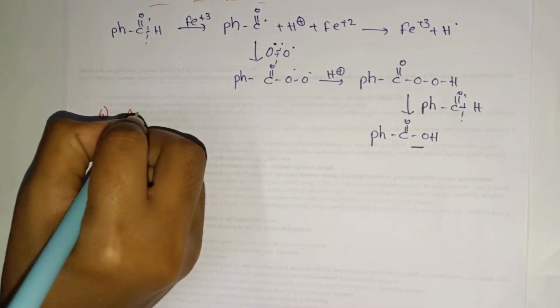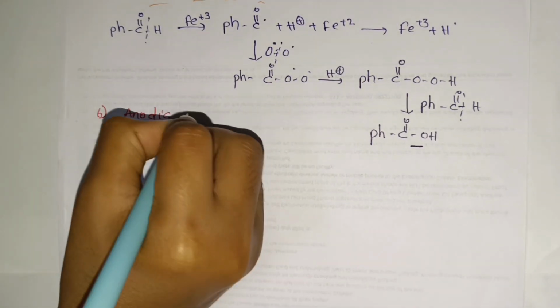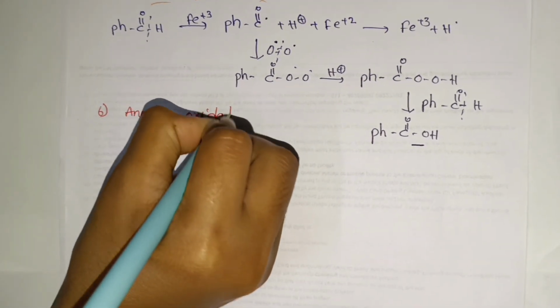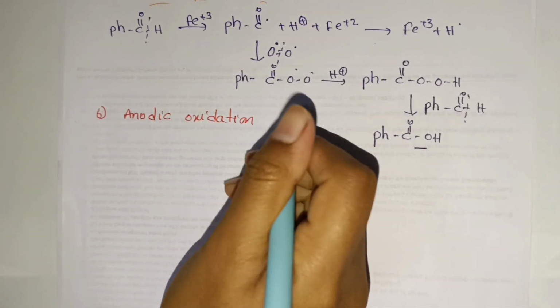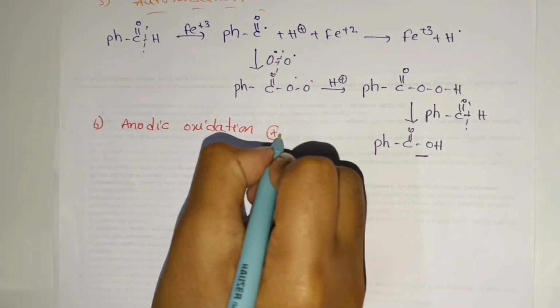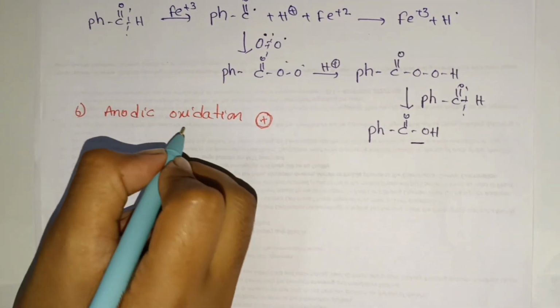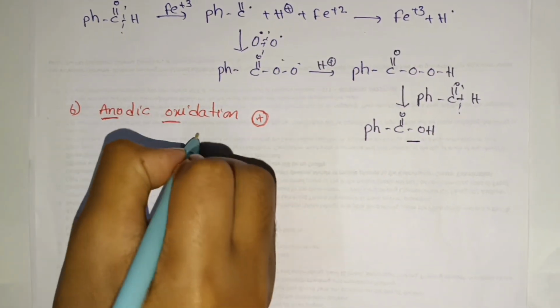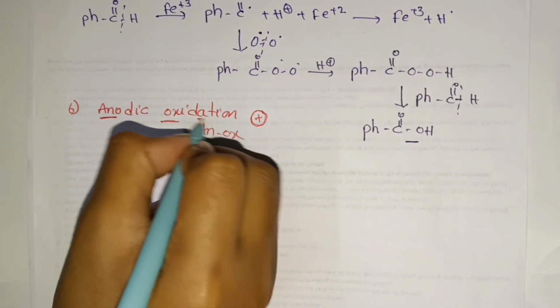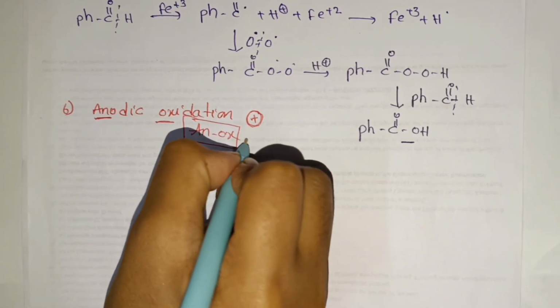Next, the sixth one is anodic oxidation. In anodic oxidation, the positive charge is there. How to remember? Anox: it is positive charge.